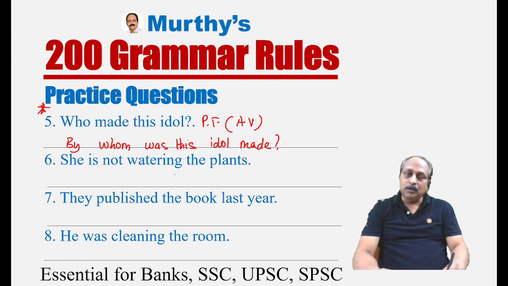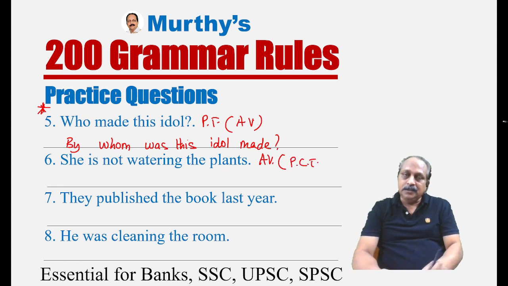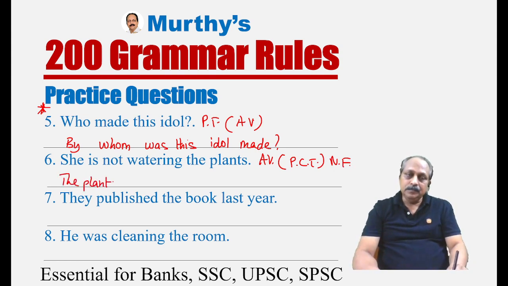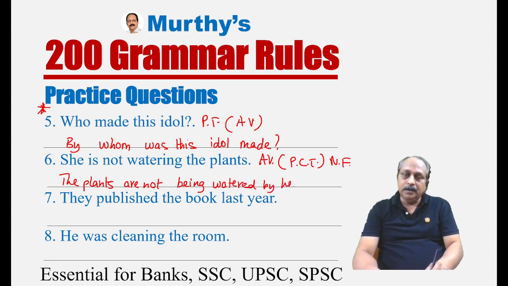Next, she is not watering the plants. This is active voice and present continuous tense. She is not watering the plants. And which form is it? Negative form. She is not watering what? The plants. The plants are not being watered by her.